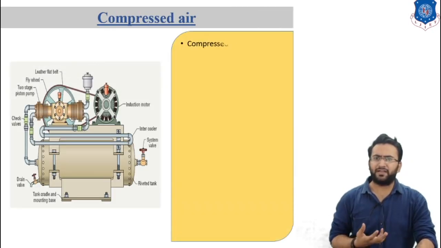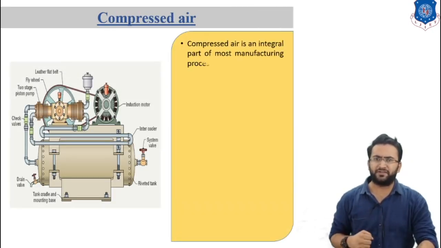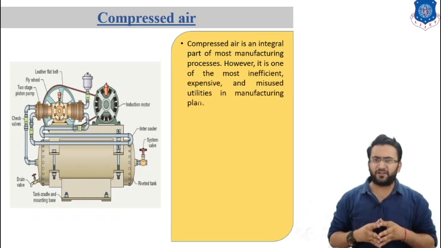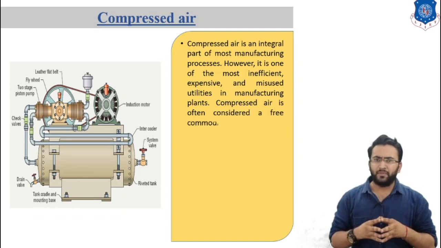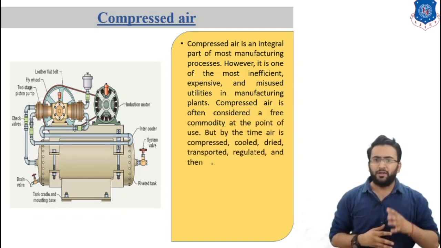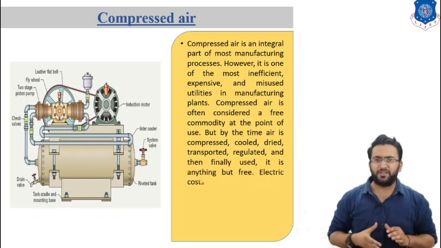Now let's talk about the next process utility, which is compressed air. Compressed air is an integral part of most manufacturing processes. However, it is one of the most inefficient, expensive and misused utilities in a manufacturing plant.